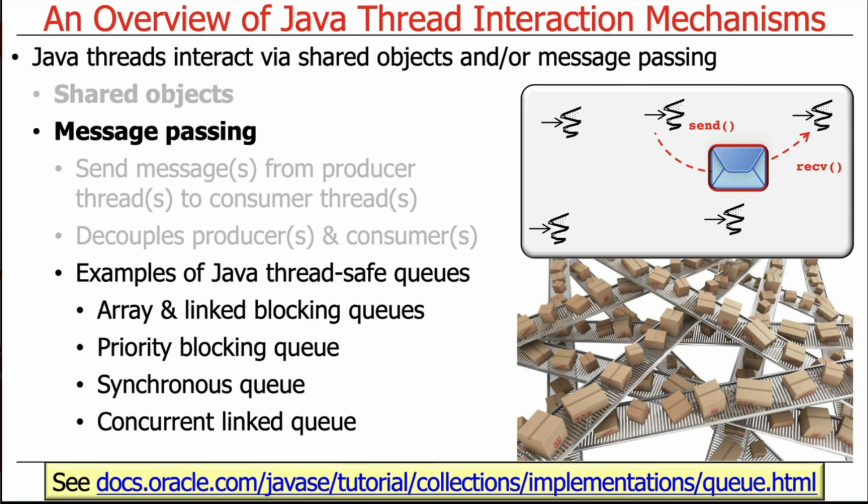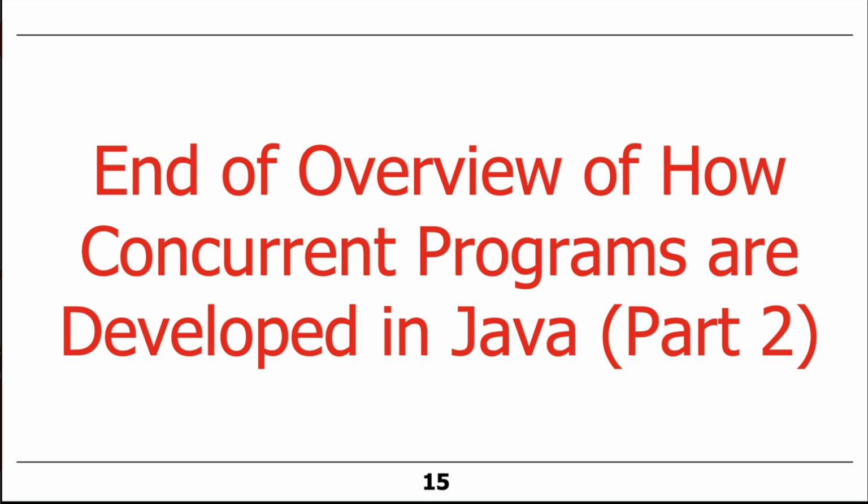There's a really wacky thing called a synchronous queue, which is used for certain Java thread pool models. And there's also something called a concurrent linked queue, which is not so much a blocking queue as just a queue that you can put things in and out of for multiple threads without having to worry about corrupting the state of the queue. OK, so that's the end of the quick overview of how concurrent programs are developed in Java with respect to thread interactions.